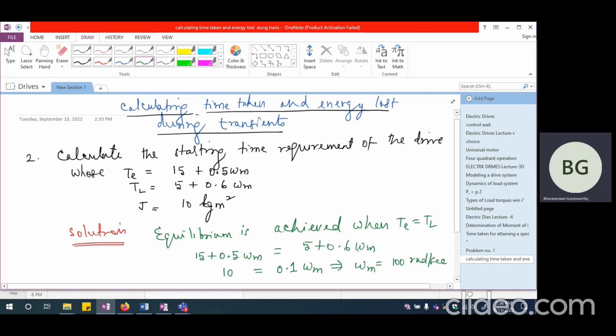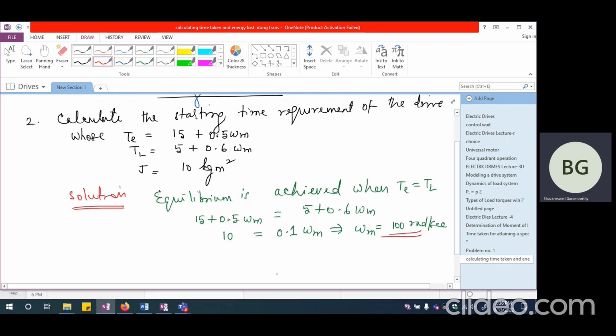So under steady state condition, this mechanism is going to maintain a speed of 100 radians per second, which makes TE equal to TL. This is the final steady state speed achieved by this mechanism.